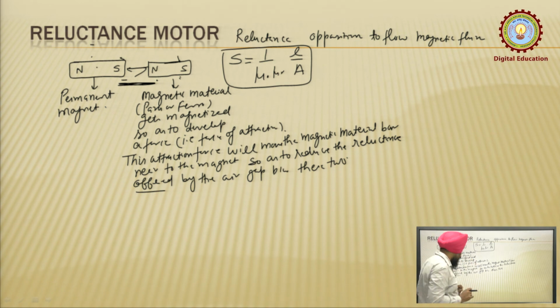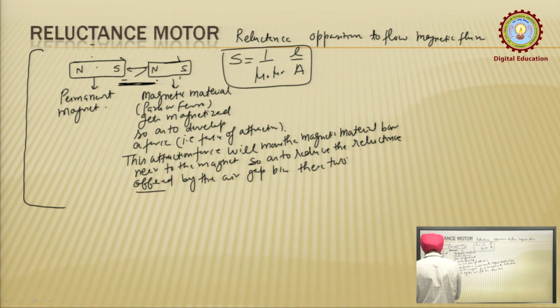Understood? Now, by following this mechanism, how can we make a reluctance motor? Construction wise, it is almost similar to the induction motor. First of all, we are going to discuss construction.